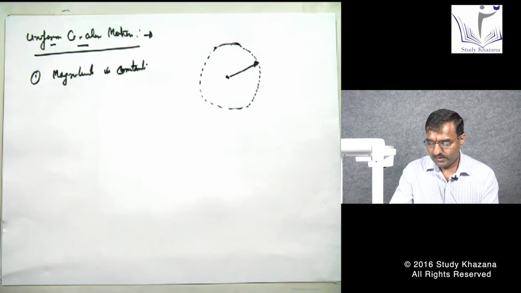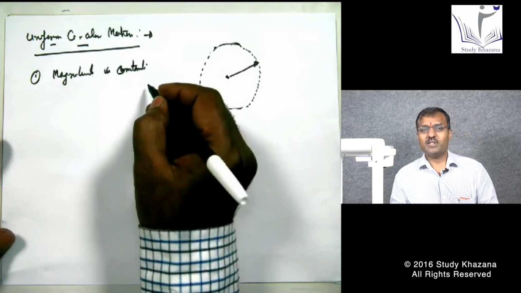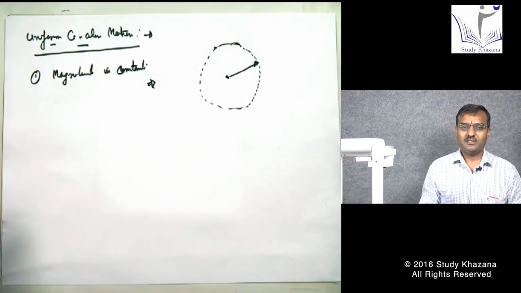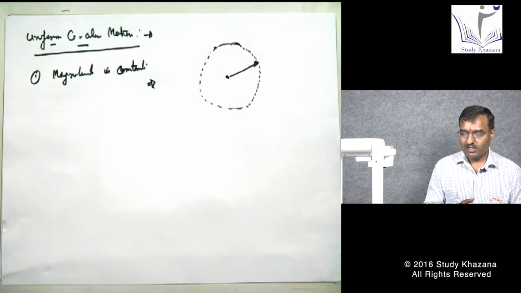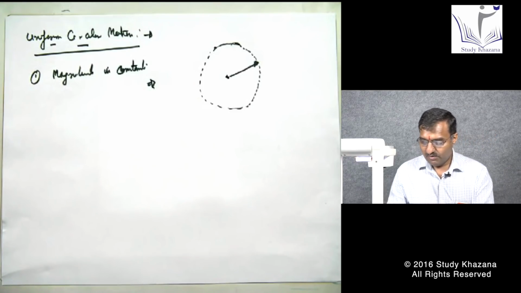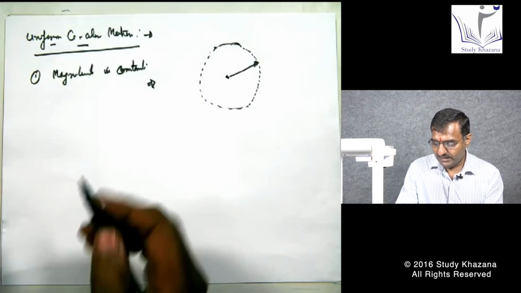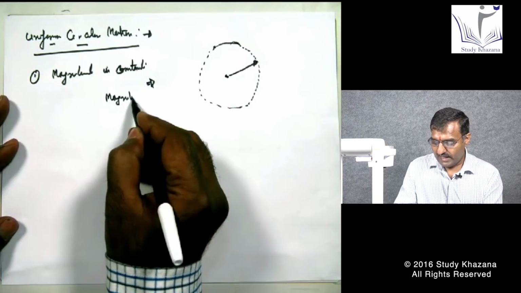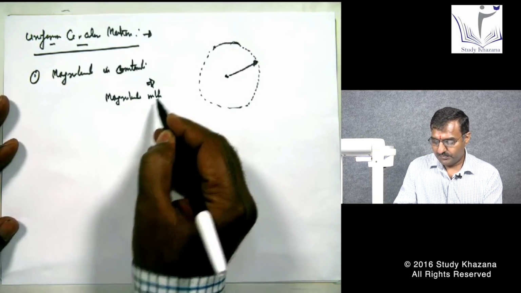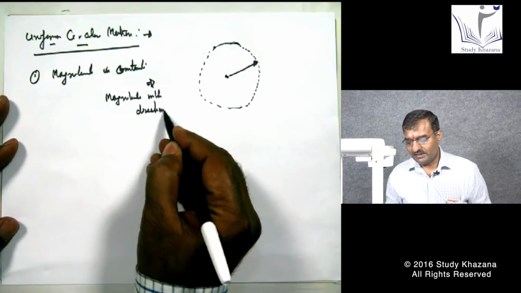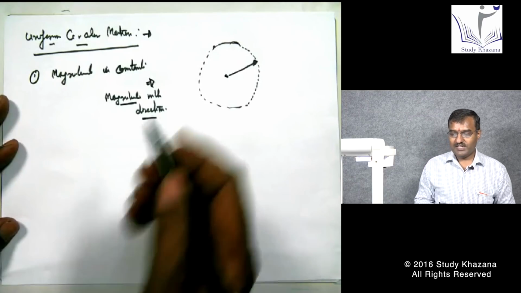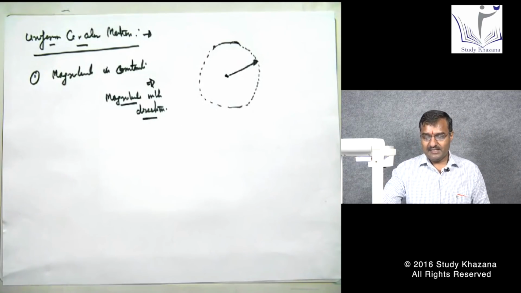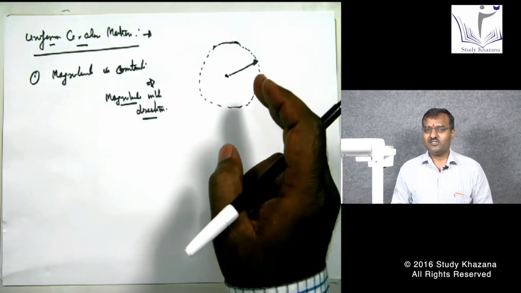In case of accelerated motion, there should be a change in velocity. So how can the velocity be changed? As we know, velocity depends on magnitude with direction. Here the magnitude is constant, but the direction is changing.